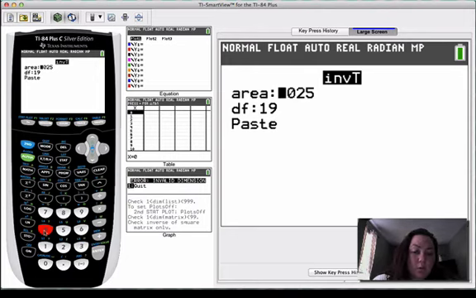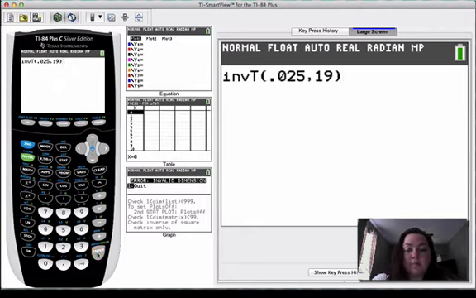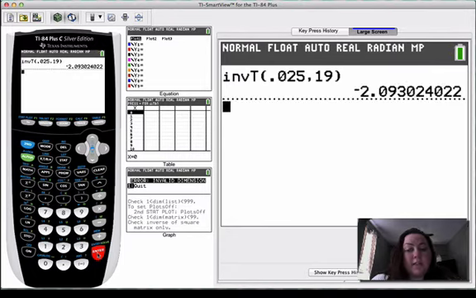So the area is only on one side. My degrees of freedom is 19 because my n value was 20. So it's always n minus 1. If I put that in, I get my t star value of 2.093. Just ignore the negative. It's just because it's a left side tail.